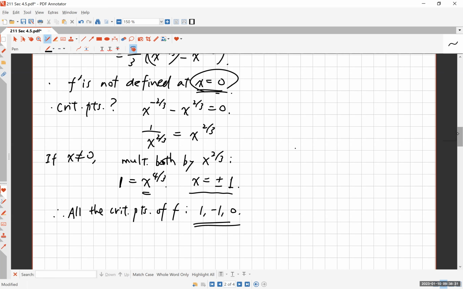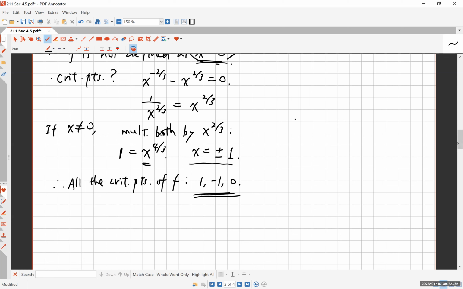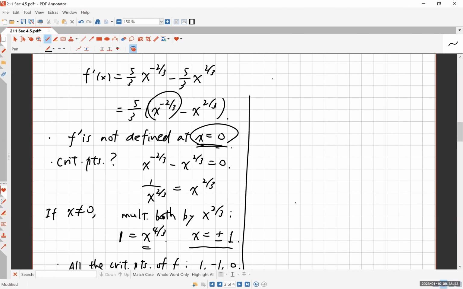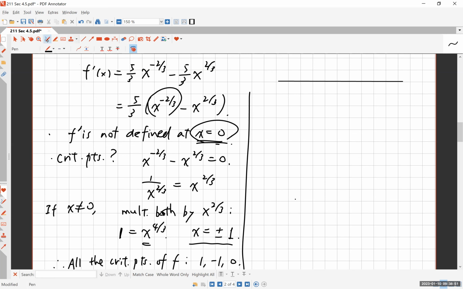And anything like a maximum or minimum would happen at one of these 3 points. Okay. Now the reason I wrote everything on the left-hand side is because I want to do the sign chart on the right-hand side of this. Okay, so I have -1, 0, and +1, right?